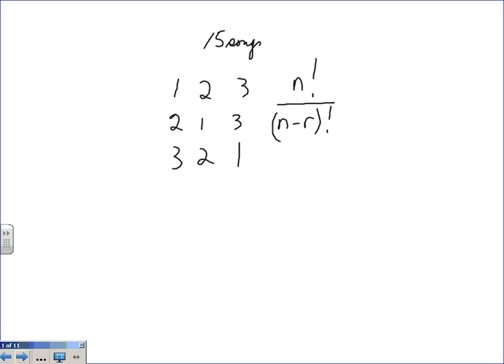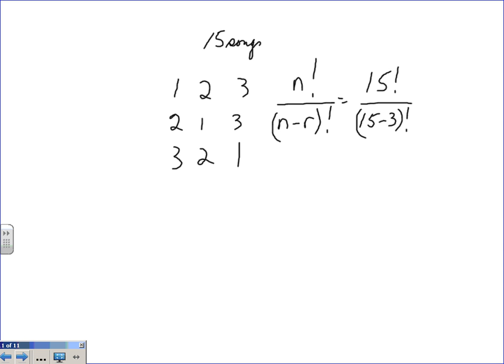So this would be 15 factorial divided by 15 minus 3 factorial. R is the number of songs we're going to listen to. N minus R, or 15 minus 3 factorial, is 12 factorial.